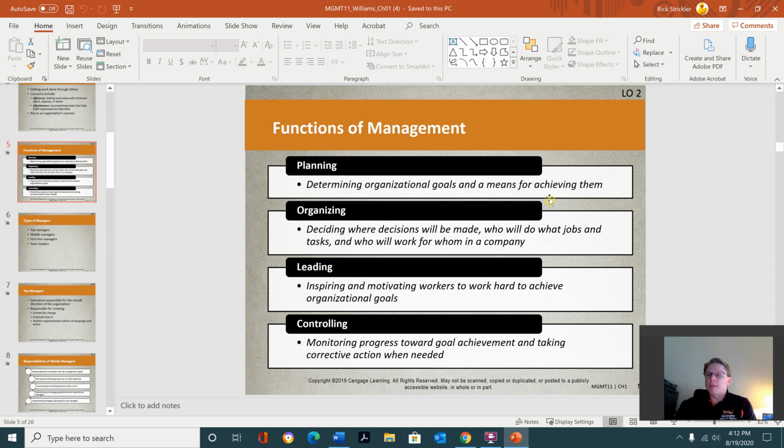And then when they came in, I gave them their instructions of what they were to do on their shift. So that was planning and organizing, right? I decided what decisions to be made, who will do what jobs and tasks, and who will work for whom in a company. So I went through and did that in that simple example after I determined what we needed to do and how to get it done.